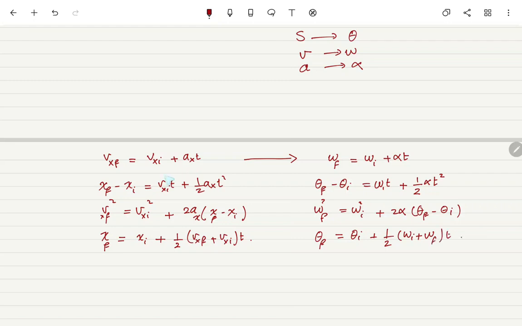And remember, these equations are the equations of motion in translational motion, and these equations are the equations of motion in rotational motion.